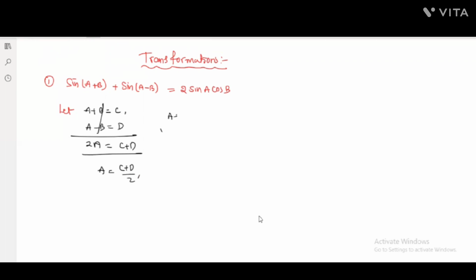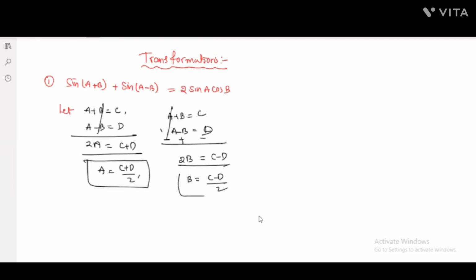When I subtract these two, the sign will be changed, minus, plus and minus. These two get cancelled. You get 2b is equal to c minus d and b is equal to c minus d by 2. These two results we are going to use in all four formulae.